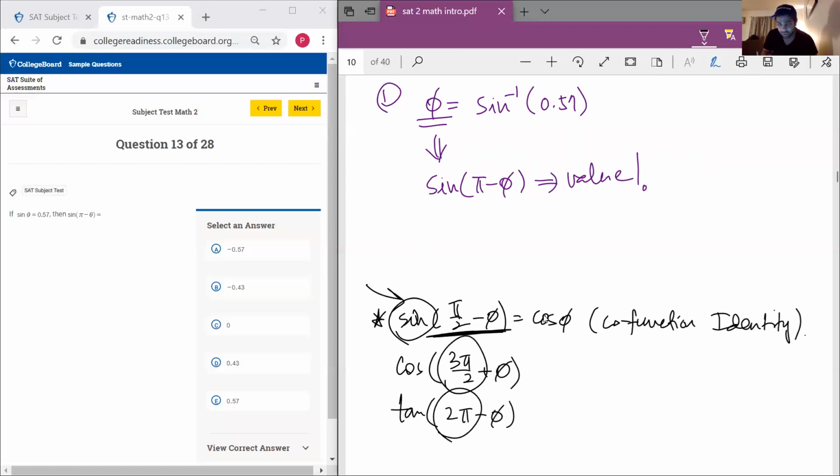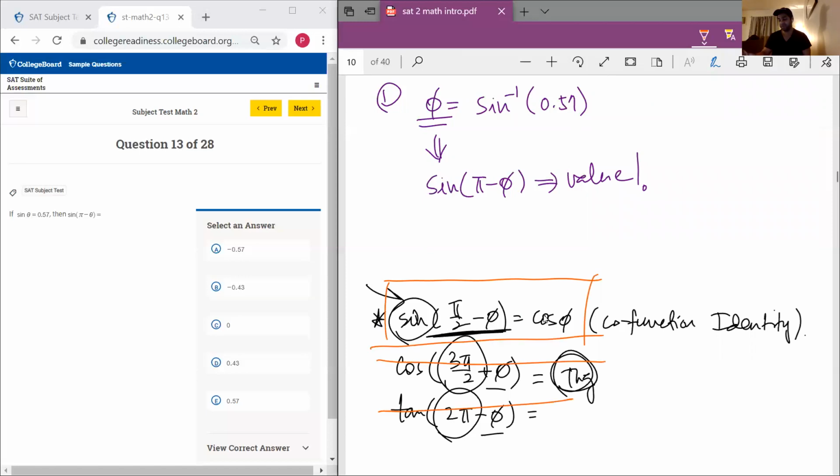As long as you take one of the quadrant angles and then add or subtract an angle, you can write them as some trig function in terms of some other trig function. That's what makes it an identity, right? But only memorize this. Do not waste your brain space memorizing any of these, okay?